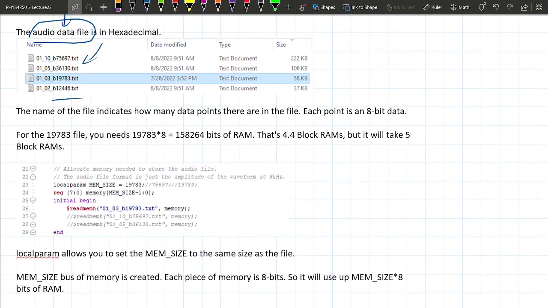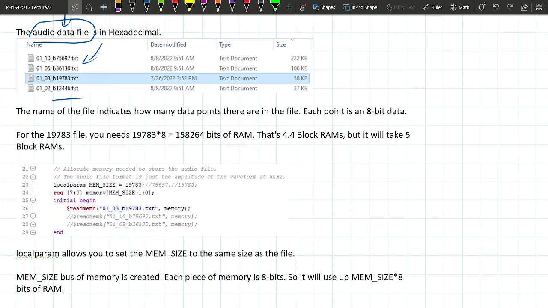So how do we do this in Verilog? How do we physically program our FPGA to store all this information using these block RAMs? Fortunately, Xilinx, which is the predecessor before AMD bought them, was smart enough to realize you're going to do this all the time, so why not write a function that does that?